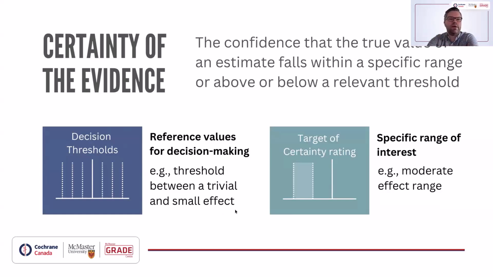So where do we go from the decision about an effect being trivial to that being a small effect? We need to choose our target of the certainty rating. So what is it that we are assessing our certainty in? And for example, that would be the moderate effect range, that the true value of the estimate falls within the moderate effect range.